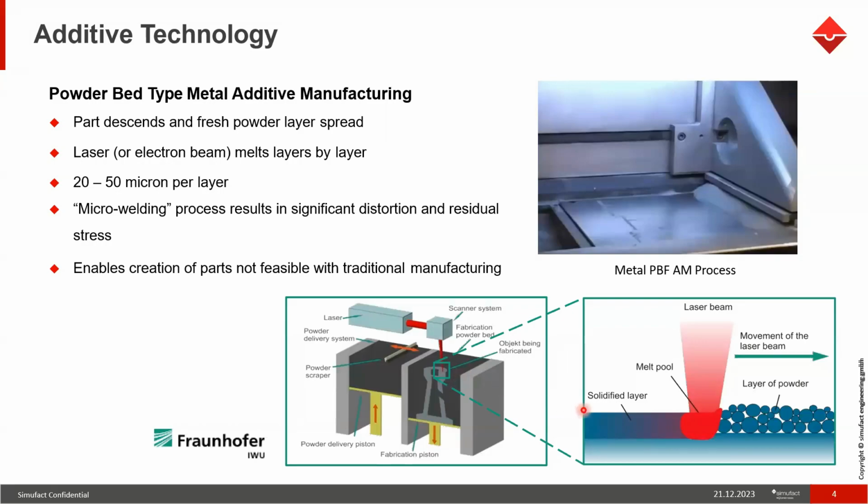When the laser comes and hits the powder layer, it will solidify the layer. There will be a melt pool. We can consider this as a micro welding, where a small area of the part is melted, and the laser beam travels with a particular velocity and melts the subsequent layers of powder.